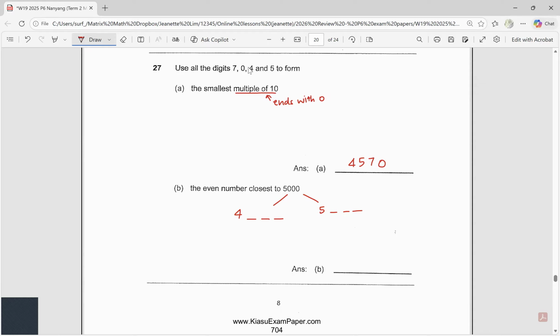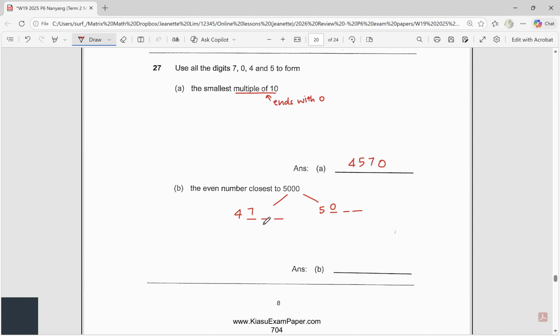Okay, what's the closest? For 5,000, it's 50, right? So for 4,000, we're going to go as high as possible. So we go to the biggest number, which is 7, 47. The highest we can go is 47. Now, whatever number is left, let's figure out how to put them. Take note, it has to be even.